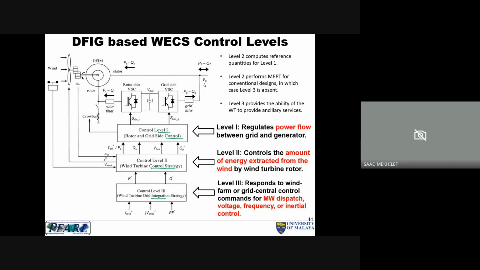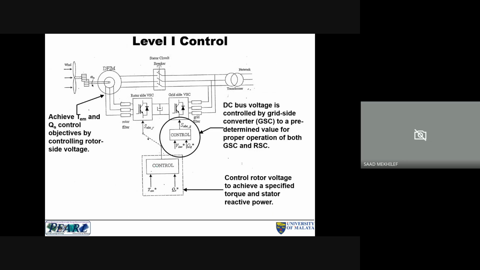Remember, we take the wind speed here, and then from this wind speed, we have beta, which is the pitch angle, and then here is the control that's in charge of the MPPT. So let's look into here.